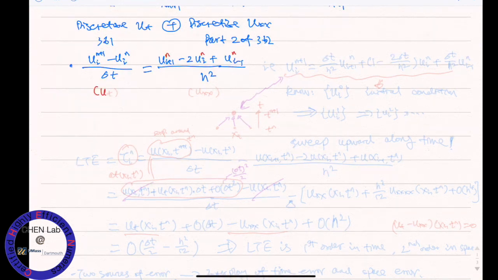Again, this is like ut, that's like uxx. So that's a scheme. We can rewrite that with everything in terms of u_i^{n+1}. The idea is that you are given the initial condition, so you know the set of u_i when n is 0. That's known as the initial condition.